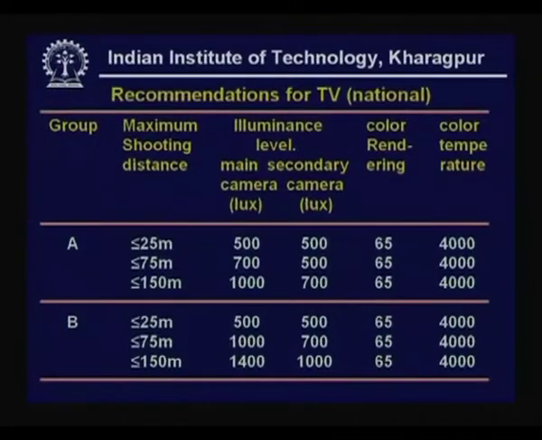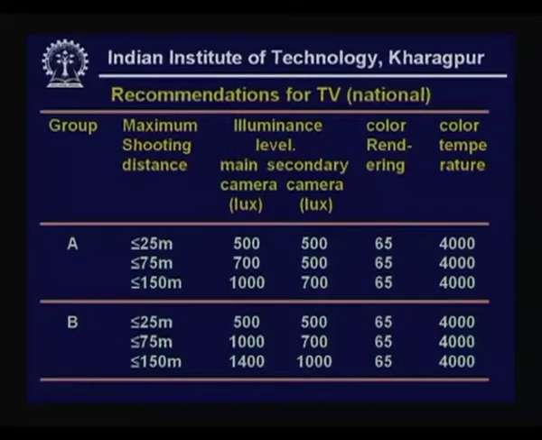Now, this table here talks about the recommendations for media. What one could see is this is for a national coverage. From the point of view of media coverage, we have three categories. One, the national coverage, the other, international coverage, then the upcoming high definition television coverage.